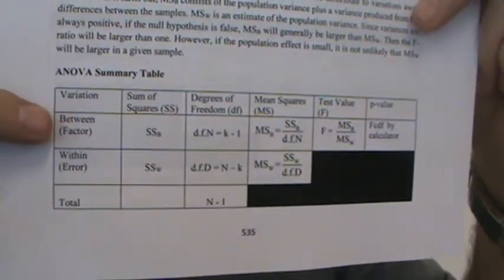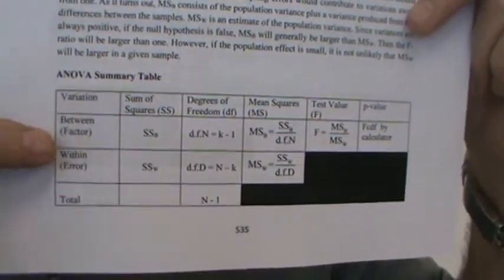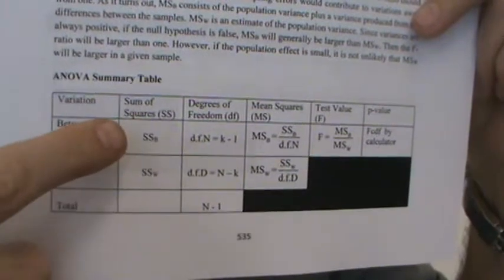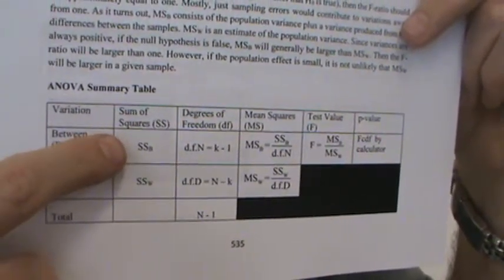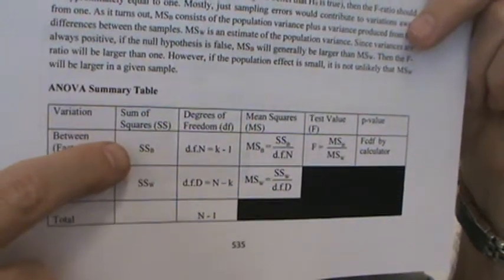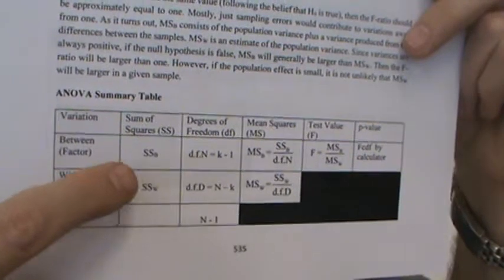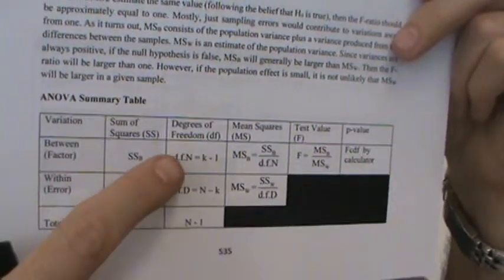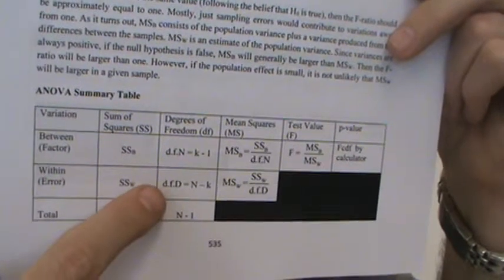Okay, so this is the between variation and the within variation. And then this is called the SSB and SSW. So this is the sum of squares between the categories, between the populations. This is the sum of squares within each category. And then this is the degrees of freedom for the numerator and the denominator.